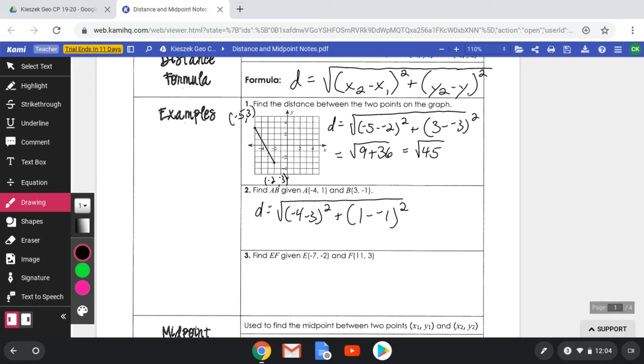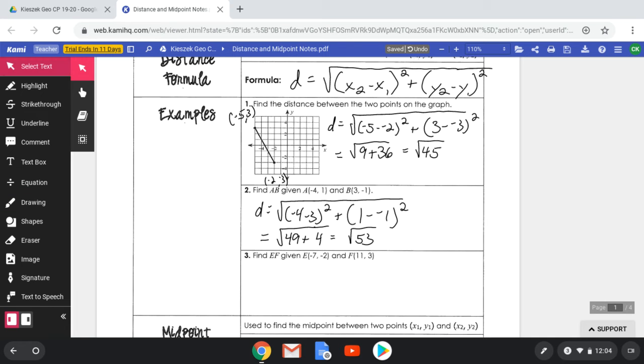Then just do the math. -4 minus 3 is -7, squared is 49. Plus 1 minus -1 is 2, squared is 4. So the square root of 53. Again, you would plug that into your calculator and get your answer. And that's all there is to the distance formula.